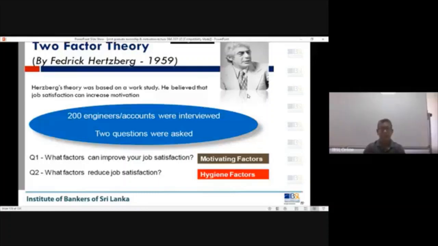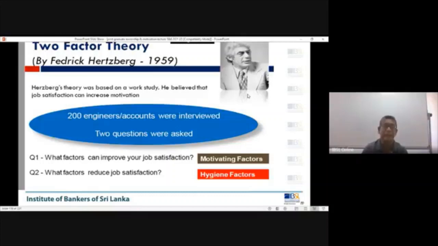The factors given by those 200 engineers and accountants were identified as motivating factors. Question two: what factors reduce job satisfaction? Frederick identified those factors as hygiene factors. So that is why we call it the two-factor theory. That was developed by Frederick Herzberg in 1959.